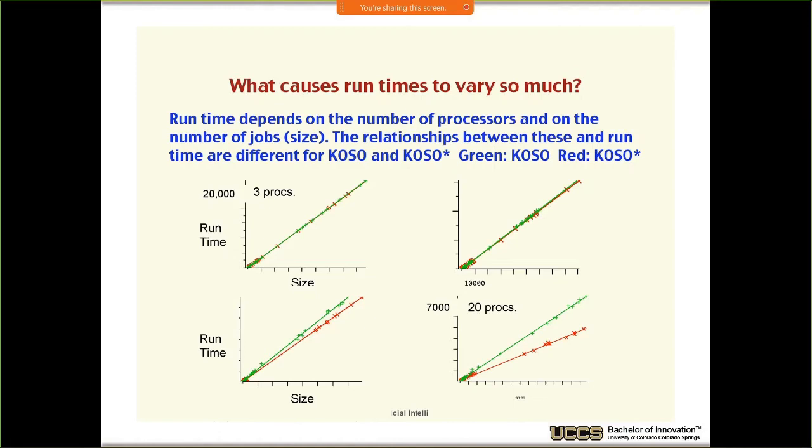Small number of processes, not much difference, a lot of variation along the line, but as the number of processes gets large, the two curves start separating. And notice that despite the fact that COSO was faster on average, its line has a higher slope. This is size and this is the runtime, so its runtime is getting larger as I scale up the number of processors.